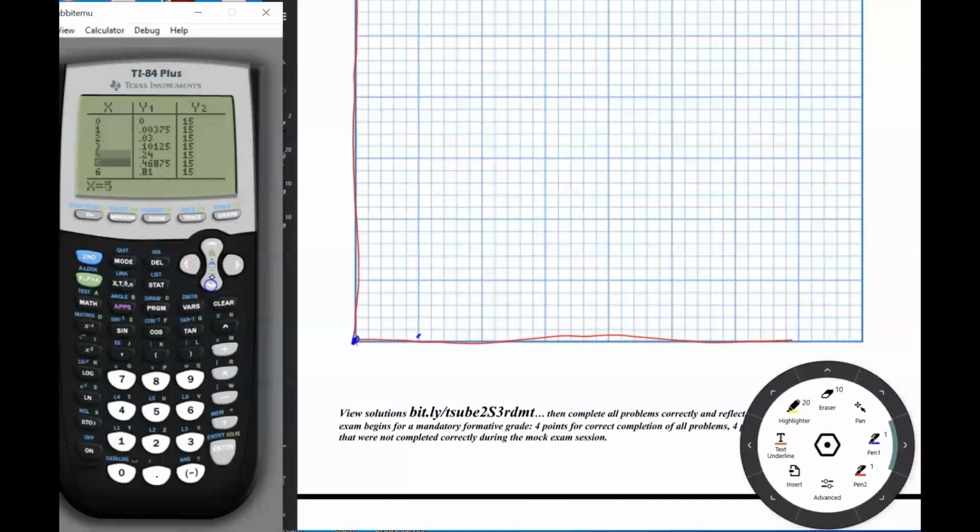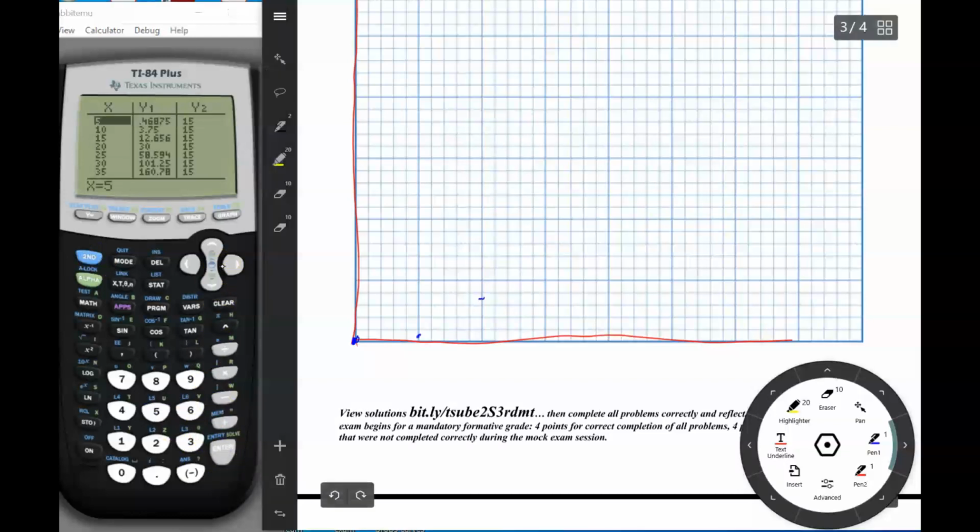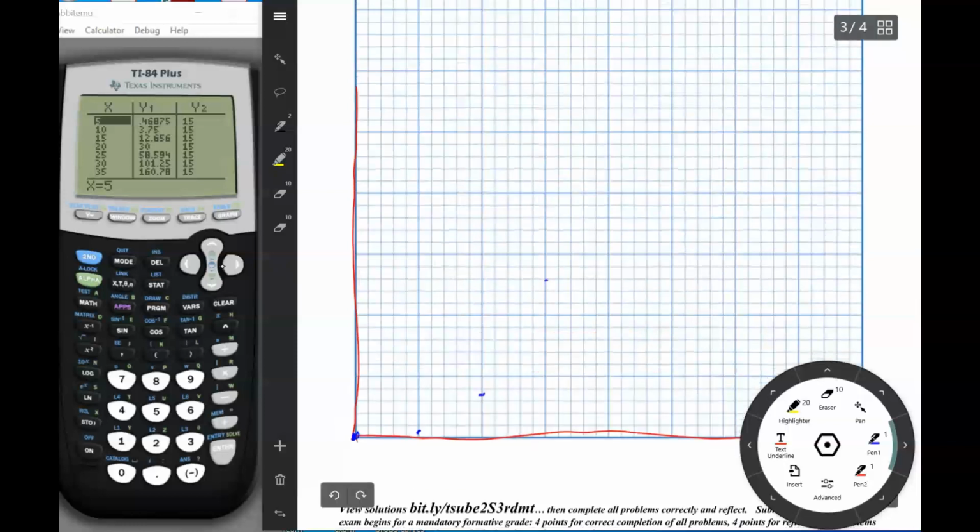I can count by 5s actually. Let's do that. So we'll do plus 5. So 10, 3.75. 15, 13. 20, 30.